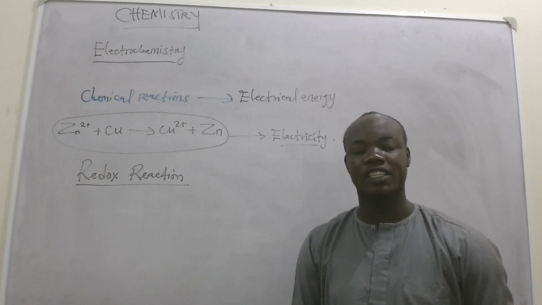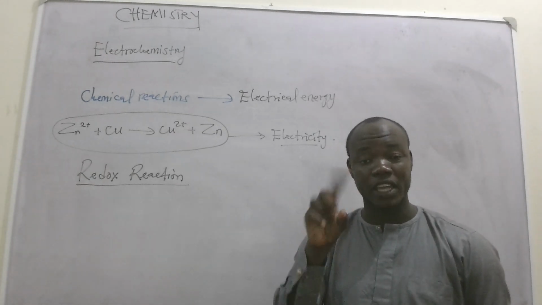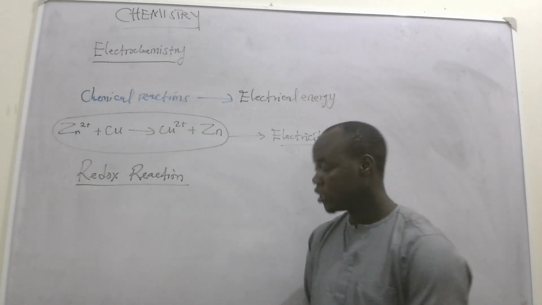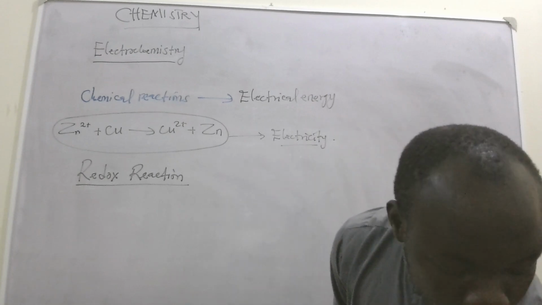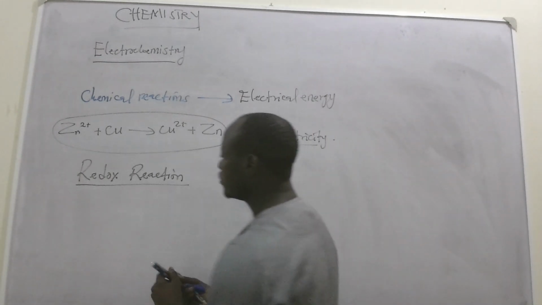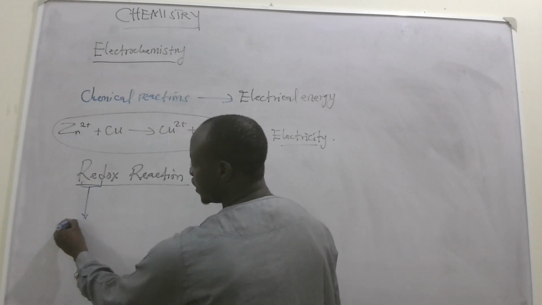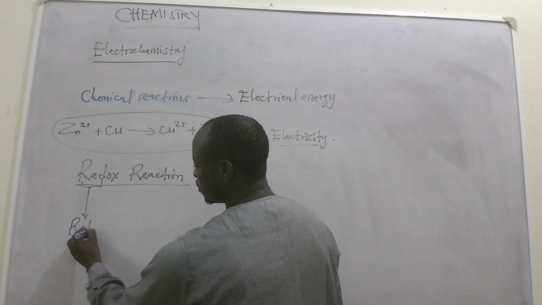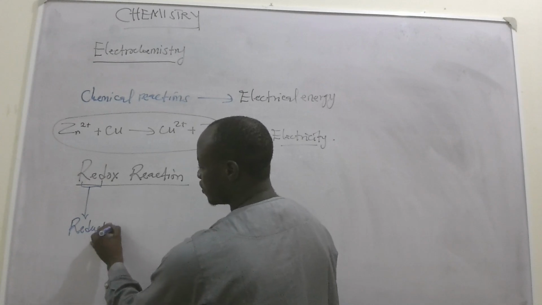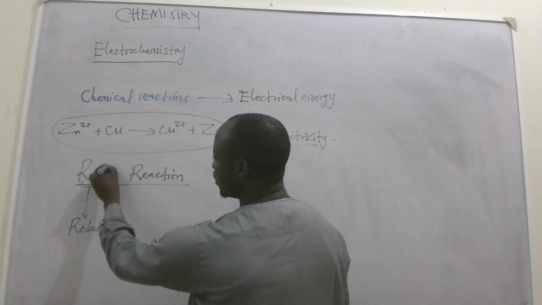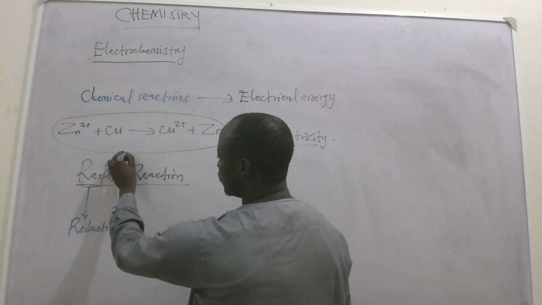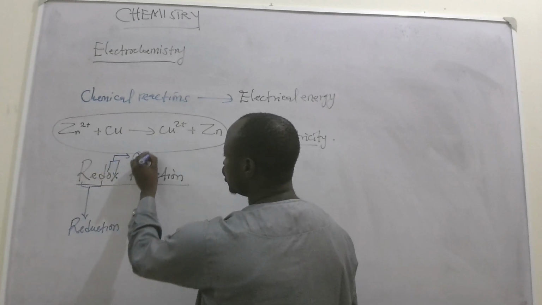A redox reaction is a reaction that comprises two different reactions. The red here stands for reduction, and the ox here stands for oxidation.